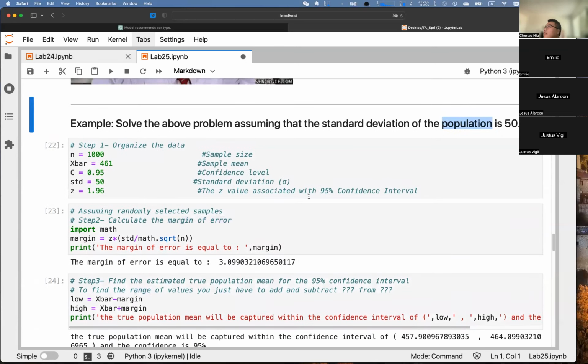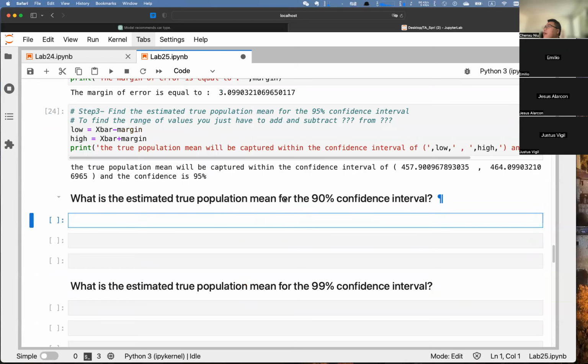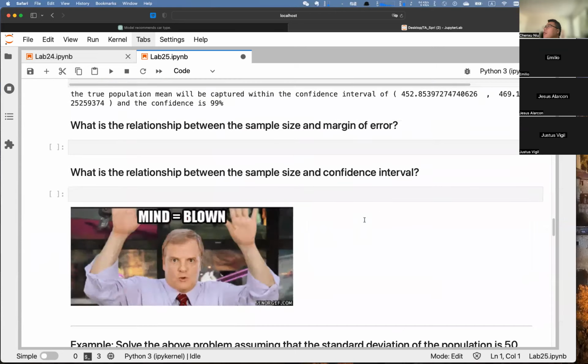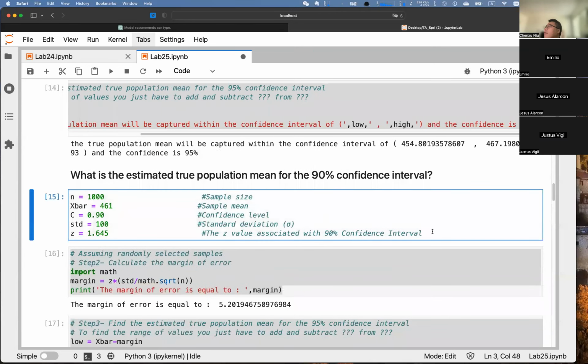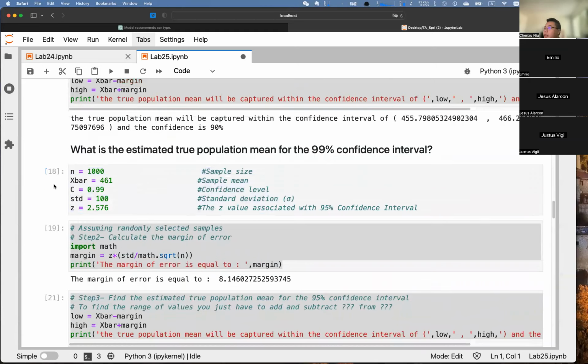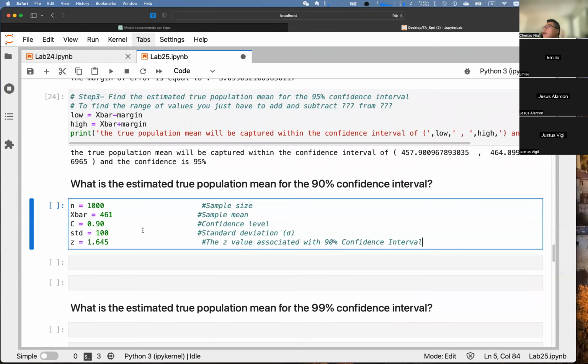And the next one here, for the 90% confidence interval, I will show you what you need to do. Copy from here, right? 90, and then the standard deviation is not 100, it's 50.